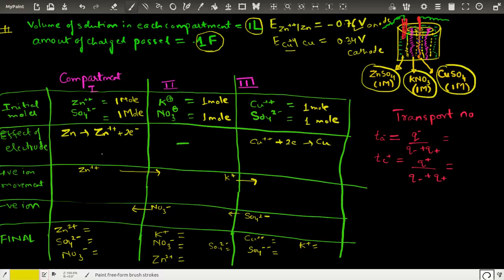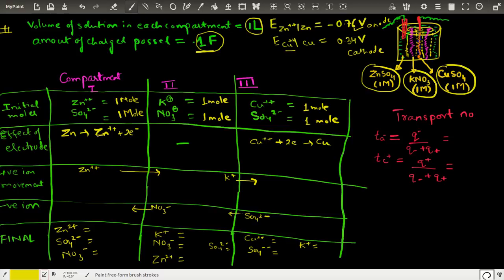Now what happens is we are passing 0.1 farad. Now what change will it do? It will convert the zinc into zinc ions, right, and we are passing 0.1 farad of current.